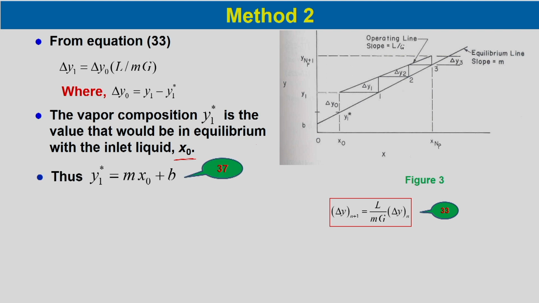So, we can write y 1 star would be equal to m x naught plus b.